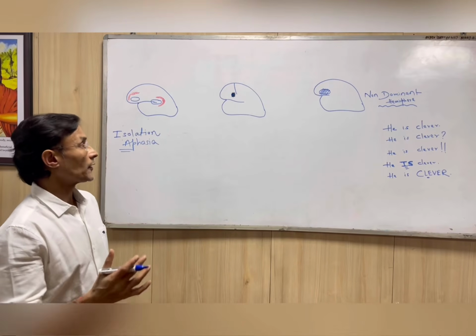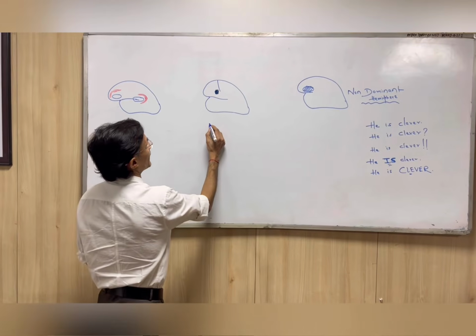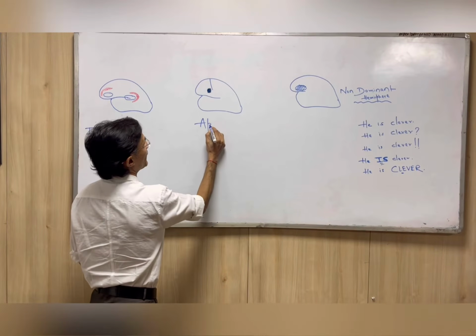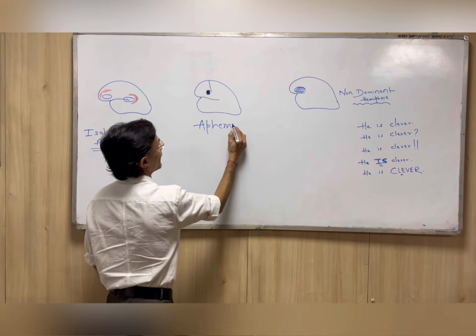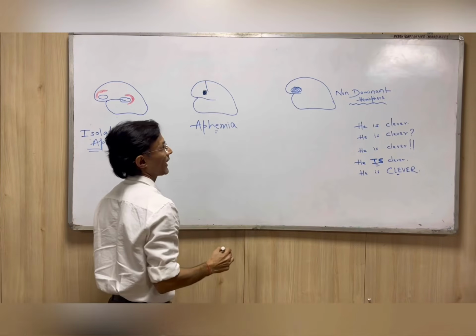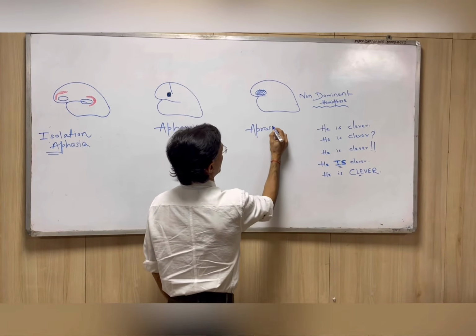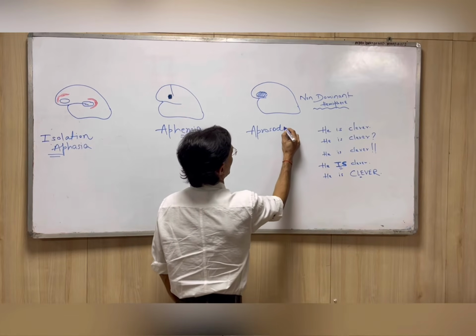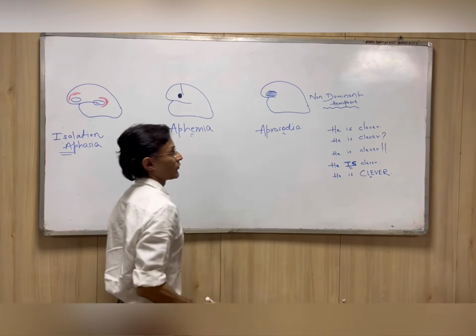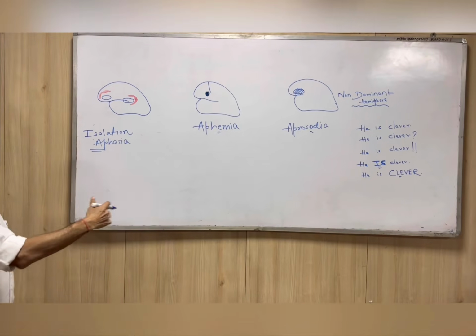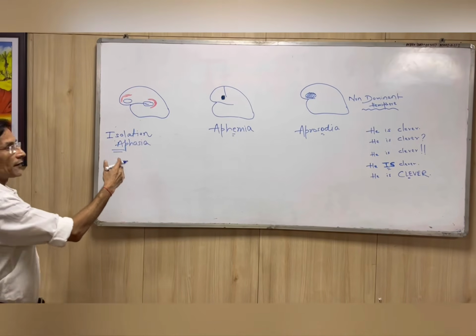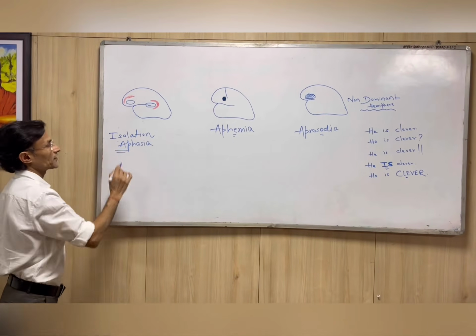One of them is known as aphemia and another is aprosodia. So we will be discussing these in this video as a continuum. First I will come to isolation aphasia.